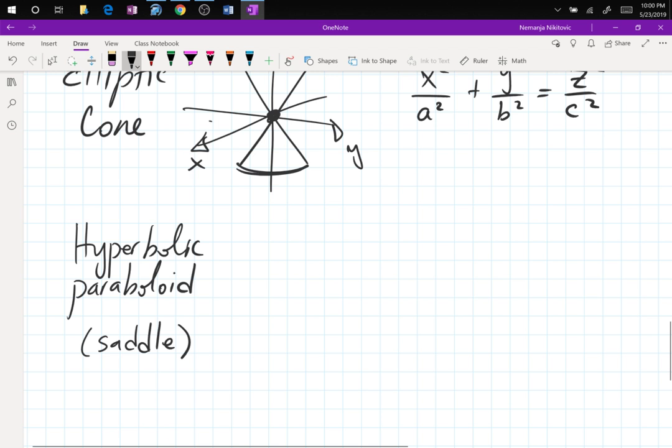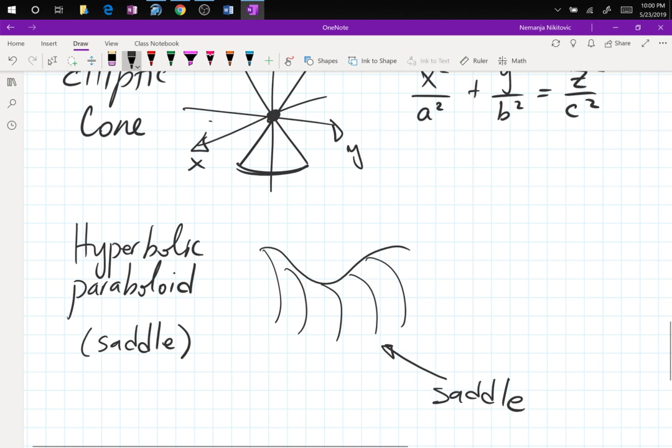All right, so to draw this shape, it's hard. It's like a wave. It's a saddle. Here, look, saddle. You can't argue that. You know the letters. Z equals x squared over a squared minus y squared over b squared. That's the equation.